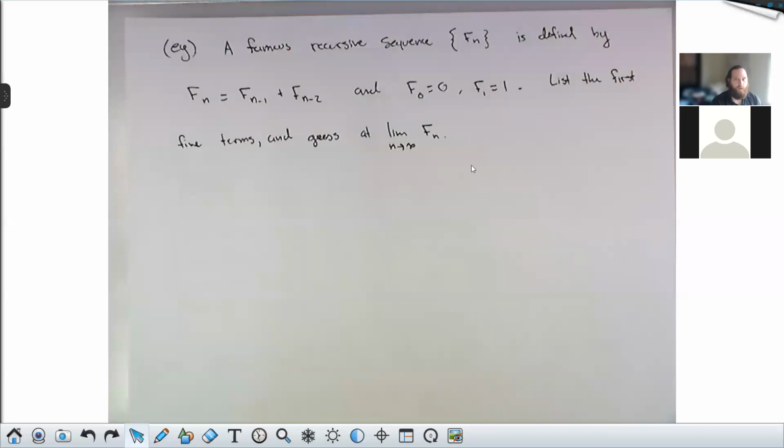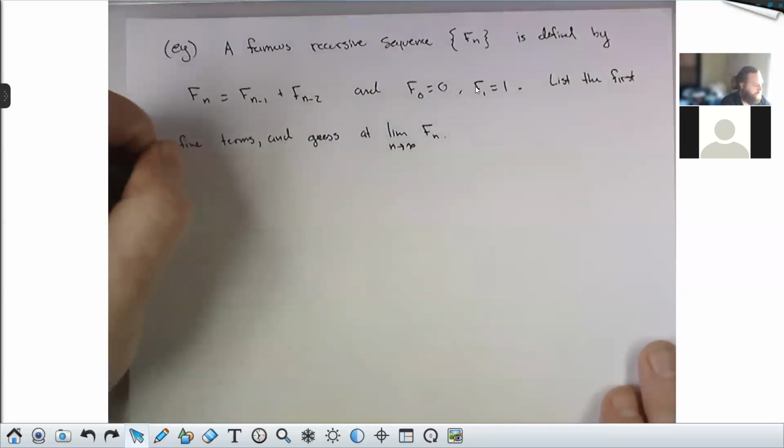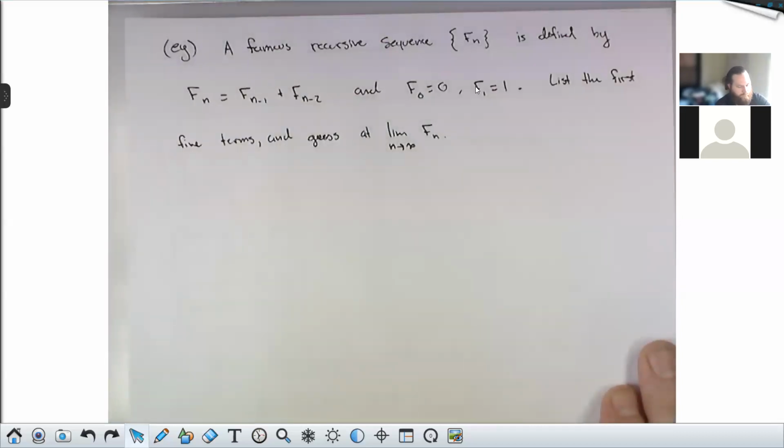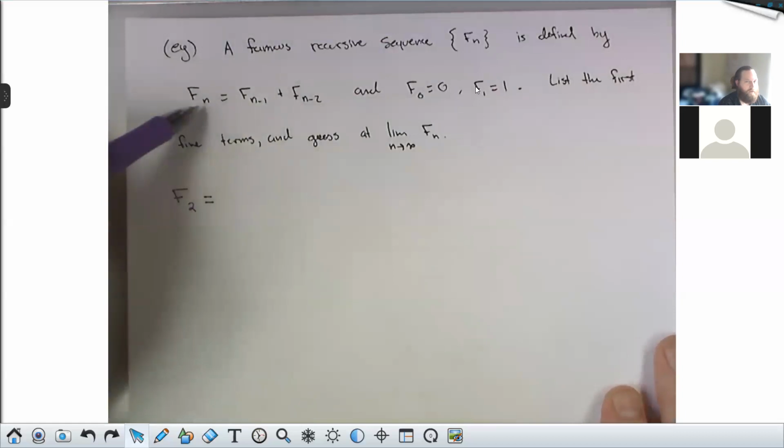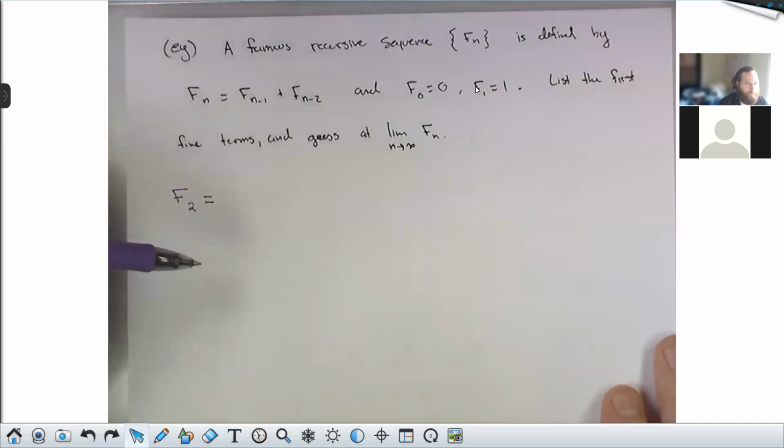They gave us F0 and F1. So the next term would be F2. This recurrence relation has F_n on this side. So if I want F2, I can just plug 2 in for n everywhere here. The left-hand side, I get F2.